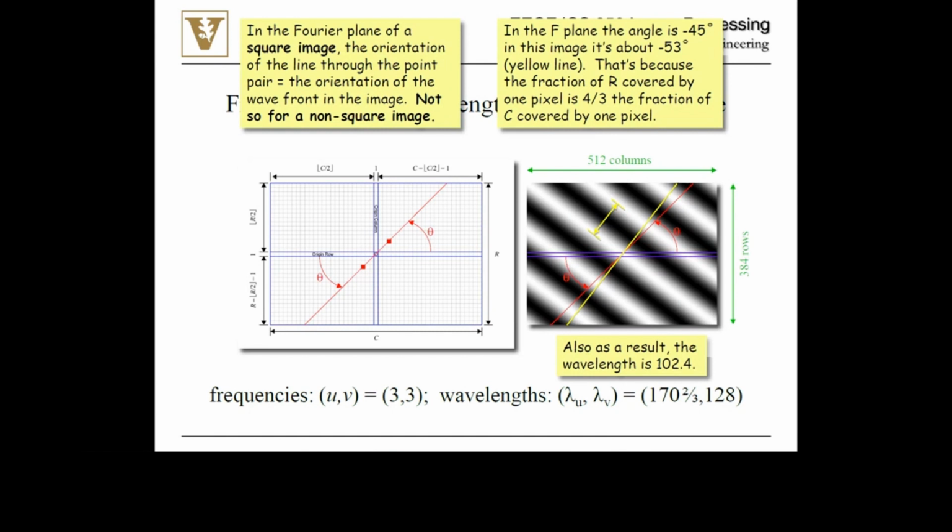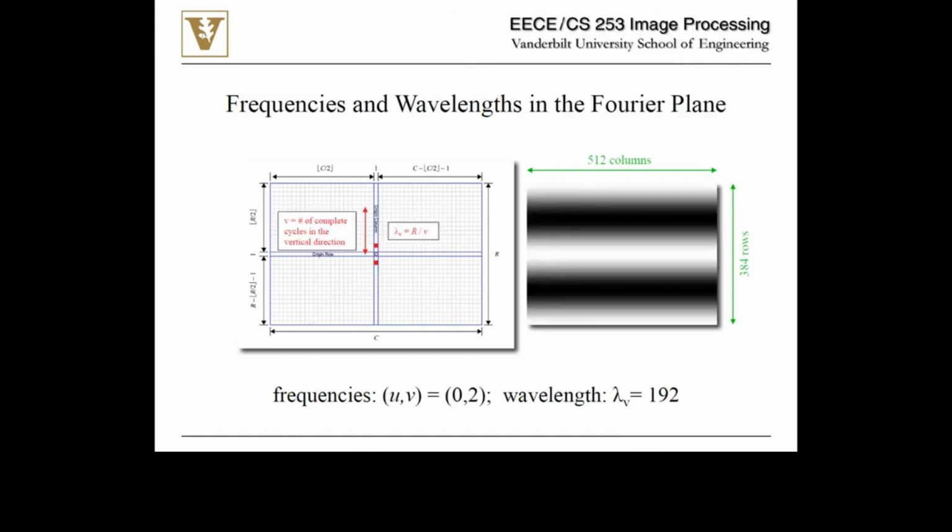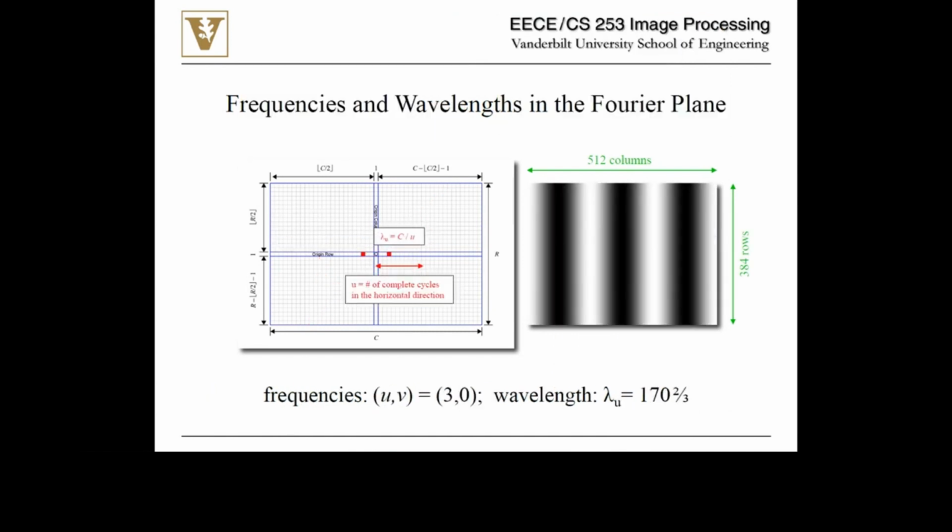Yeah. So there is something interesting here in this one. That is, the wavelength is not exactly an integer number. So that means that this image, if you make it periodic by simply copying, the wave is not totally pure as it should be.